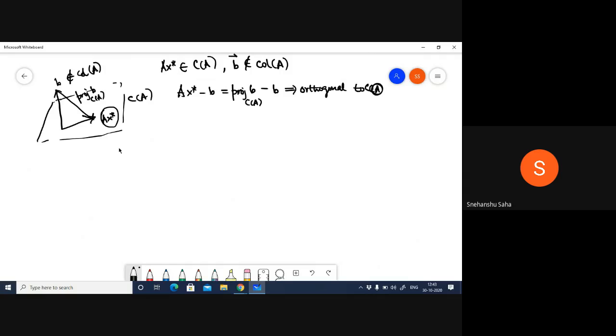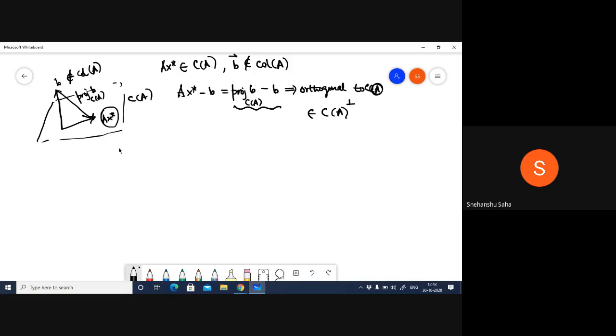And so therefore, this vector does not belong to the column space of A, but it belongs to the orthogonal complement of the column space of A. You know from the idea of orthogonal complements of subspaces that we are able to split the vector space into two subspaces.